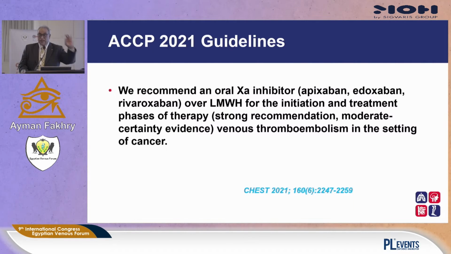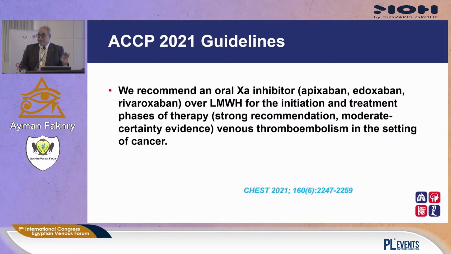They said the DOACs are better than low molecular weight heparin for initiation and maintenance therapy for treatment of CAT. This is the ACCP guidelines 2021 and a strong recommendation.